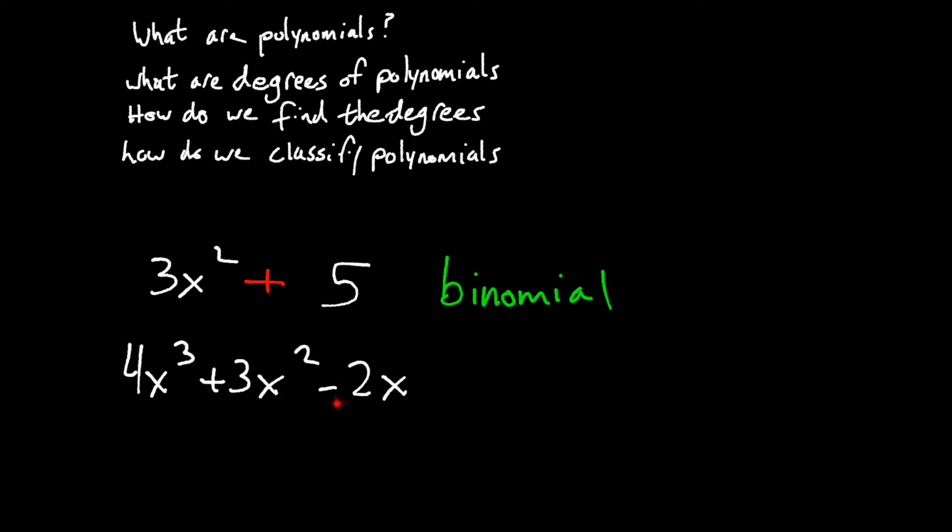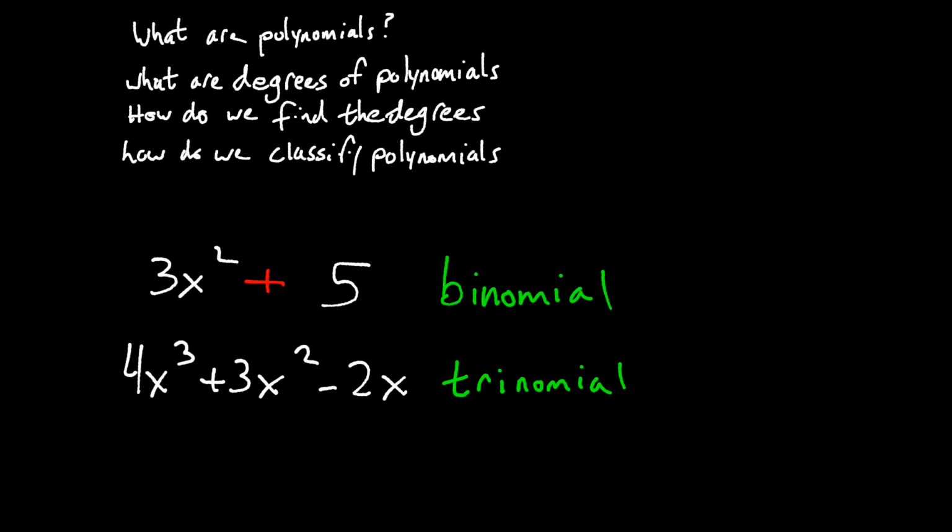We are adding and subtracting them together to make a polynomial, and since there are three pieces, this polynomial would be referred to as a trinomial. And then anything bigger than 3, we just call it a polynomial with 4 terms, a polynomial with 8 terms, however we want to. But that is what polynomials are.